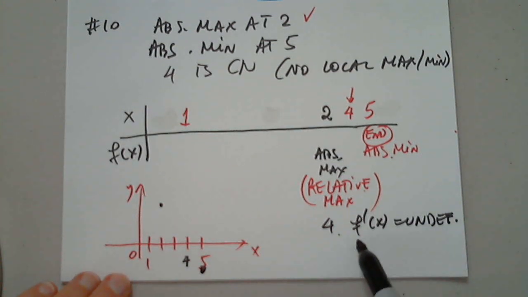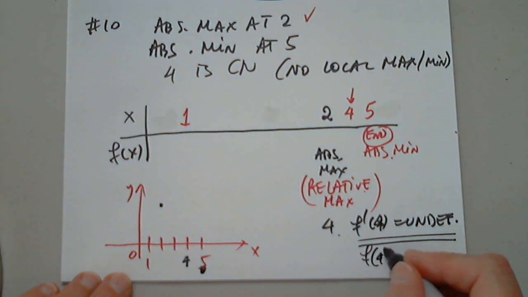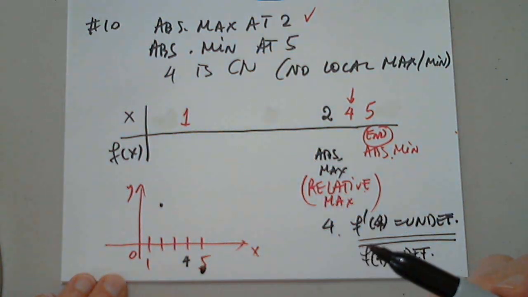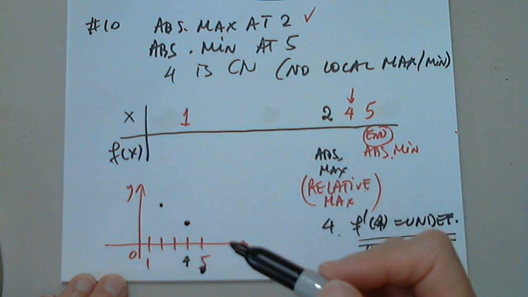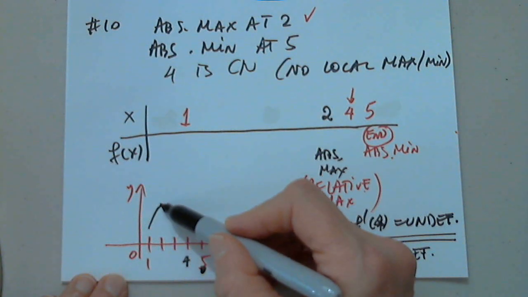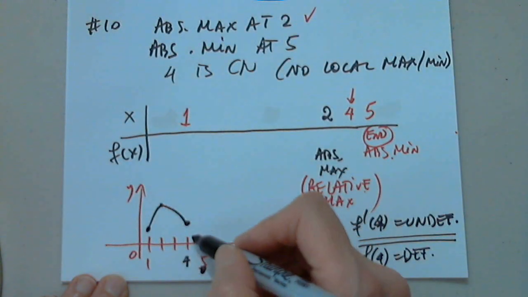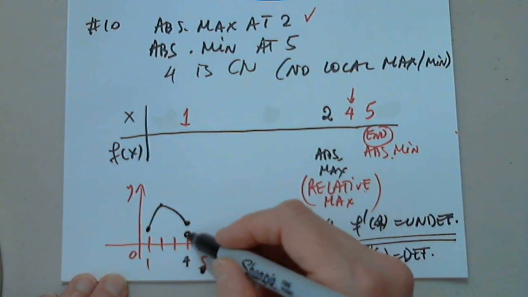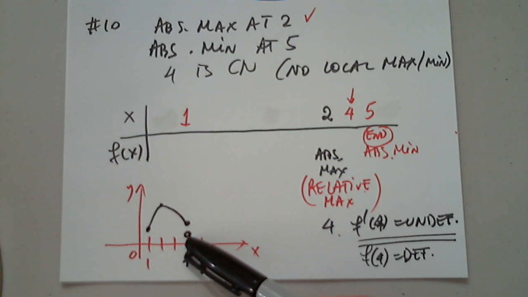So for f prime being undefined, we have to make sure that f prime of 4 is undefined, but f of 4 is defined. So that has to exist. I'm going to do this as a full point. This is the absolute max, and this is whatever. And then we start here, and the absolute minimum. Full point, open point.